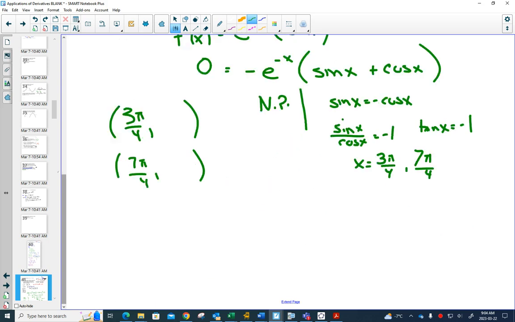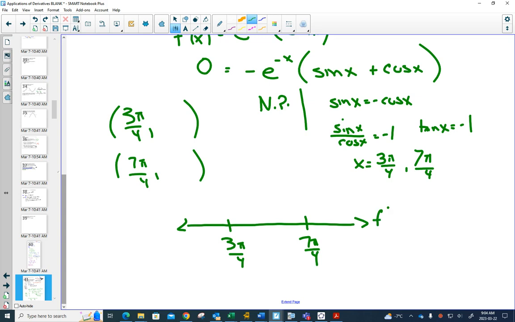Those are going to be our 2 points, but to find out about them, on my number line this time for my derivative, I'm also going to add 0 and 5 pi over 2 because those are endpoints.